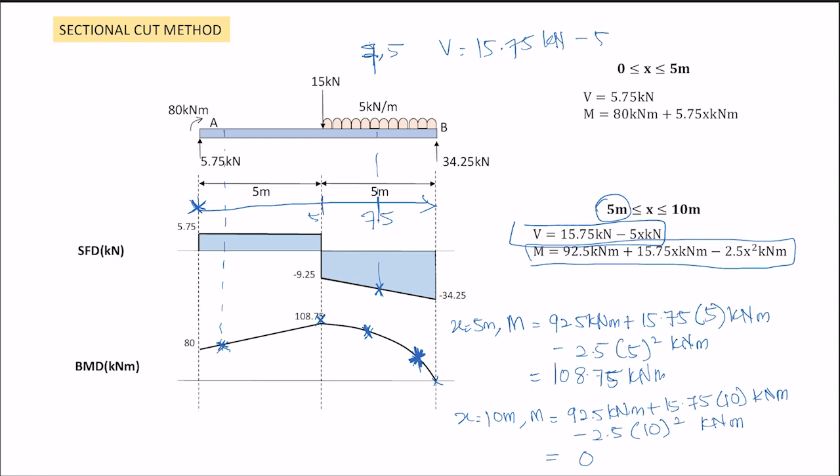Minus 5 times 7.5 kilonewton. I get 21.75. So here, its value is 21.75 kilonewton shear force.